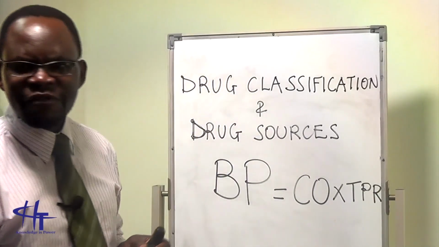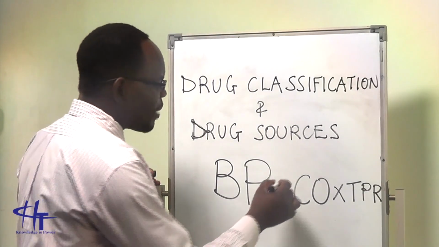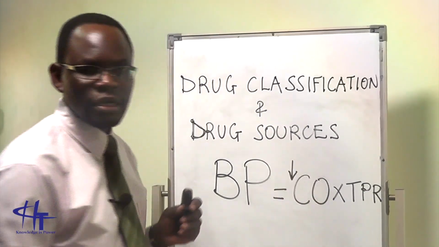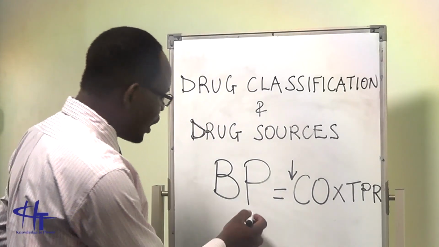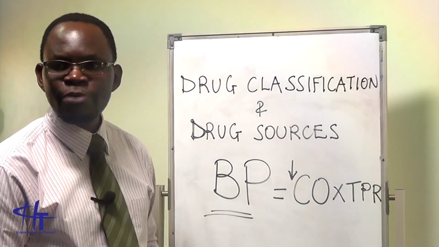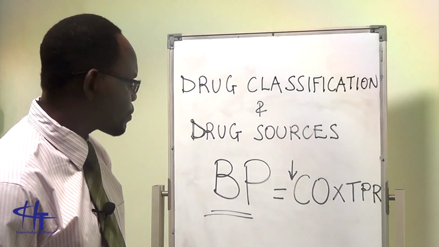So if you give an antihypertensive that will lower the cardiac output, essentially it will have lowered the blood pressure if you keep the total peripheral resistance constant.